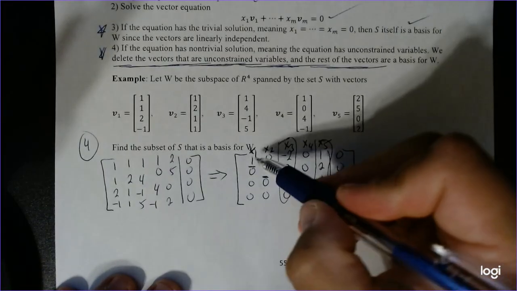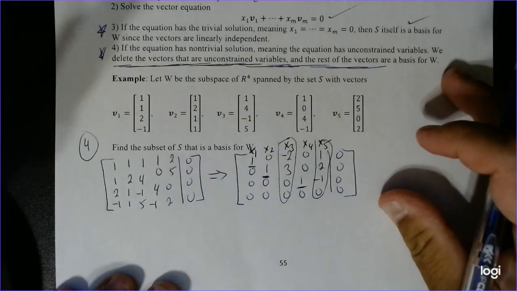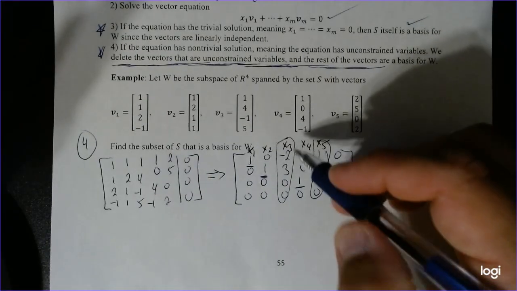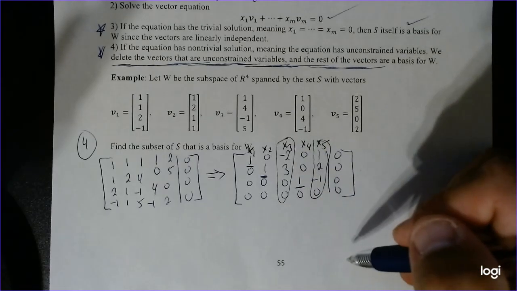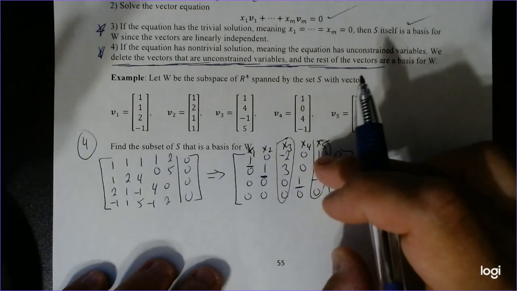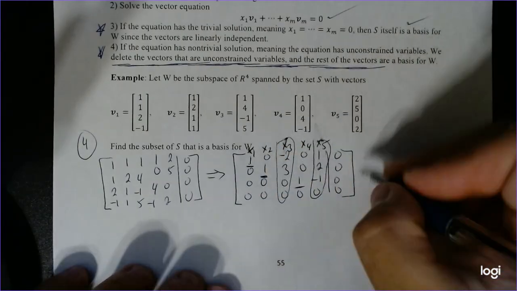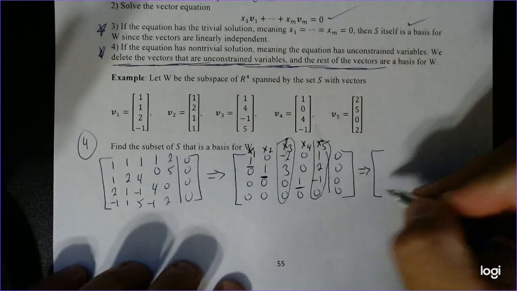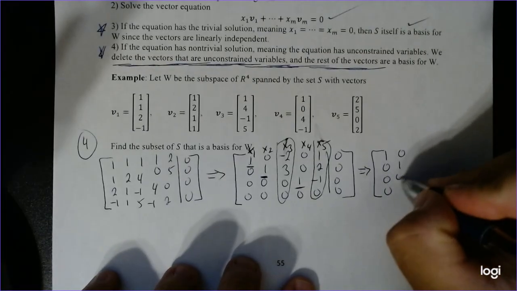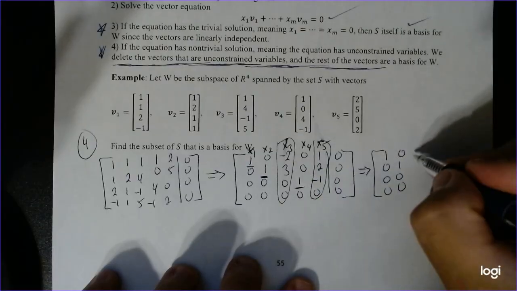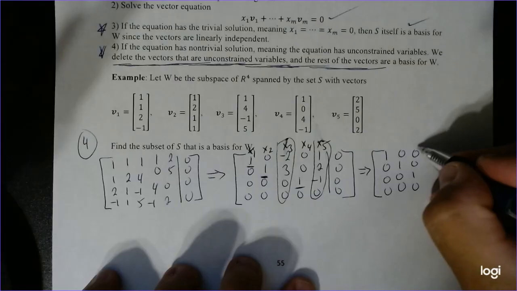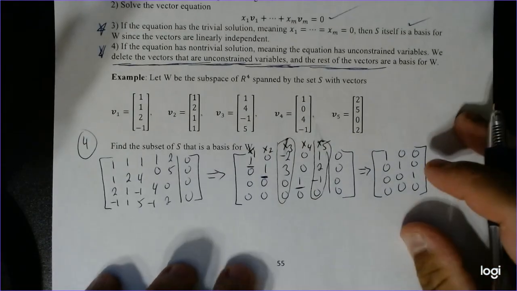So we have 1, 2, so these are the pivot points, so those are good. We delete the vectors that are unconstrained. So what I'm going to do is just get rid of them and then put the rest together. If I just delete the x3 and x5 vectors themselves, get rid of it, and now we have this.